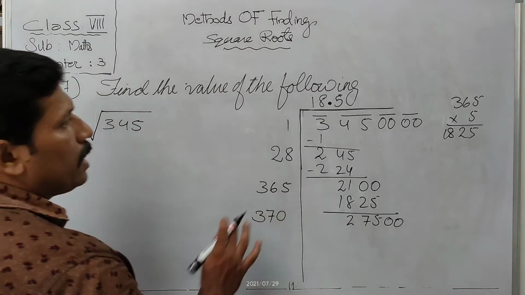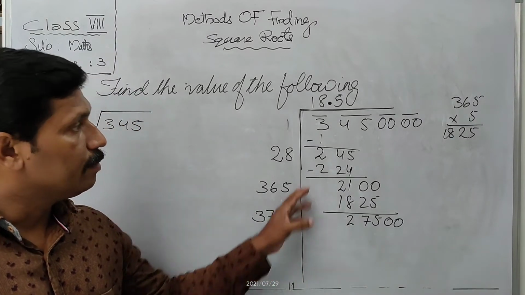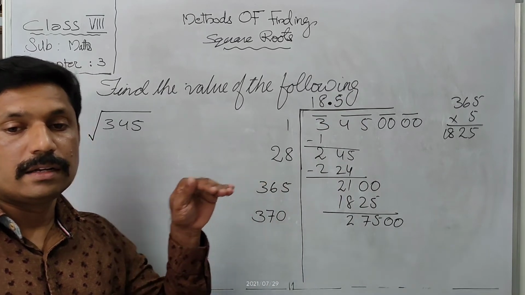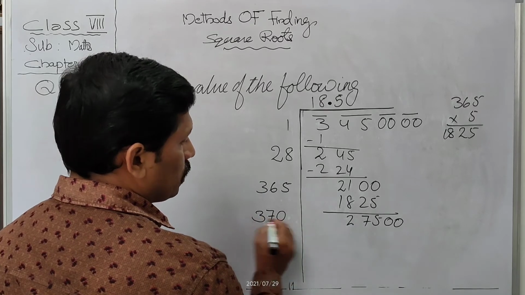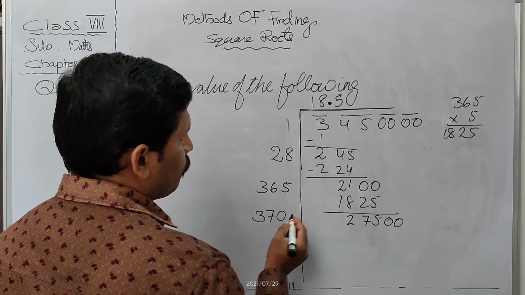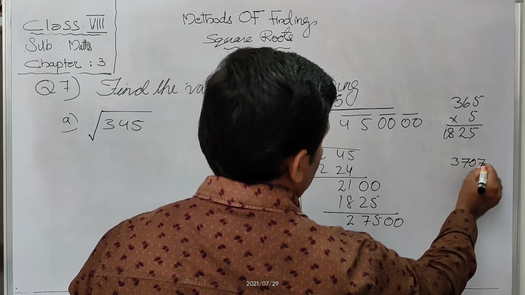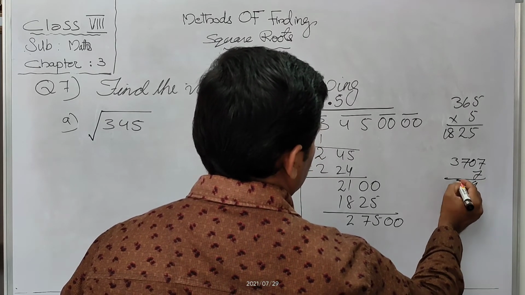Then we have to find a digit here. When we multiply by that digit, it should be equal to or less than the given number. So 370, 5 times, 3 5s are 15, but here 27,000. We can take 6 or 7. 3707 into 7. 7 7s are 49, remainder 4.